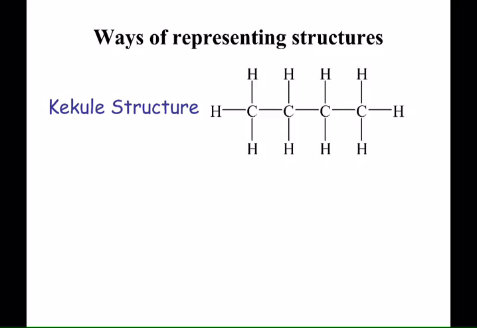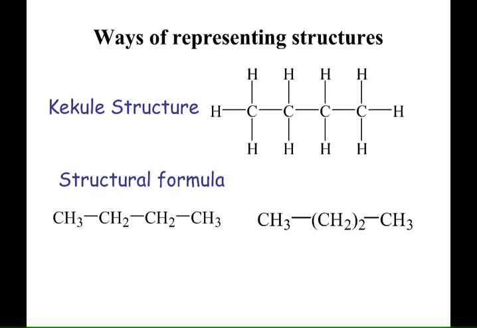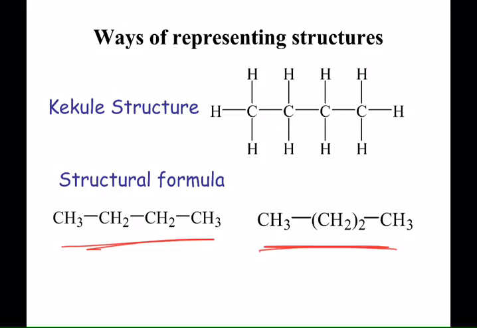A 4-carbon hydrocarbon. It's what we call an alkane, all single bonds. We're going to be talking more about that today. Down here is the same structure. These are both 4-carbon alkanes, and they all have what we call the carbon chain, a straight hot dog sort of thing: carbon, carbon, carbon, carbon in a straight line.